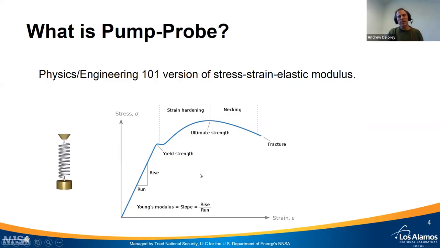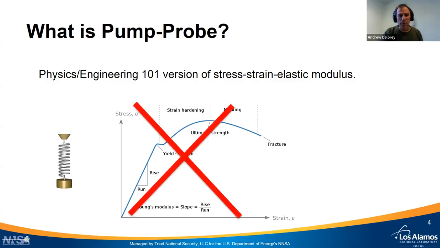And under this view of materials, you really only have to make one measurement and you have everything you need to know about it. But in reality, for rocks, this isn't true. And so we have to have a better way to measure the elasticity of rocks, especially if we want to understand the things that we care the most about in rocks. And that has to do with things like material strength, permeability, porosity.